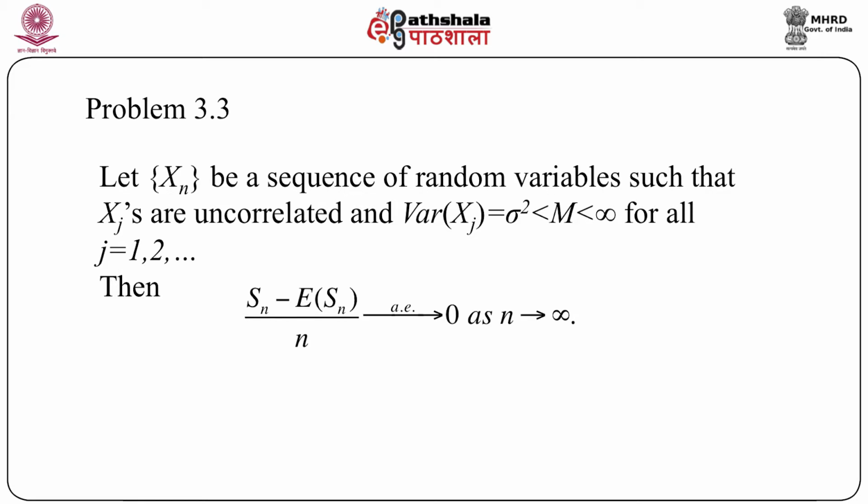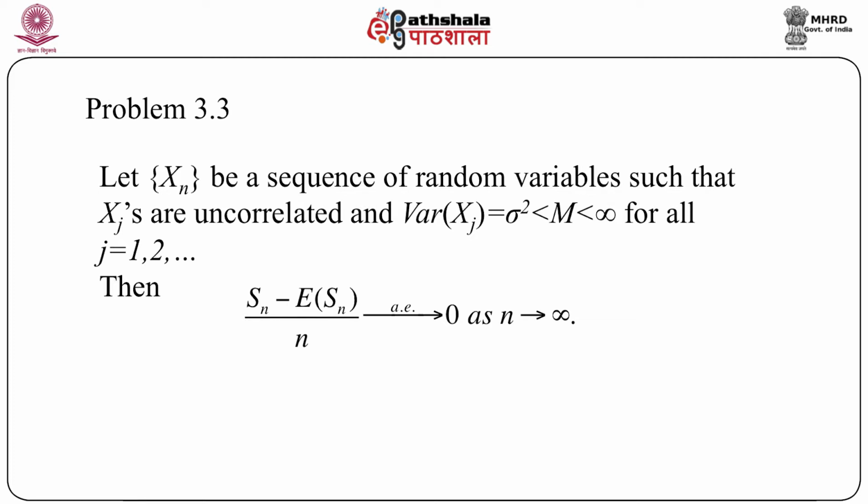Let Xn be a sequence of random variables such that the Xj's are uncorrelated. That means covariance between Xi and Xj equals 0 if i not equals j, and variance of Xj is sigma square, less than capital M, which is less than infinity, for all j equals 1, 2 and so on.